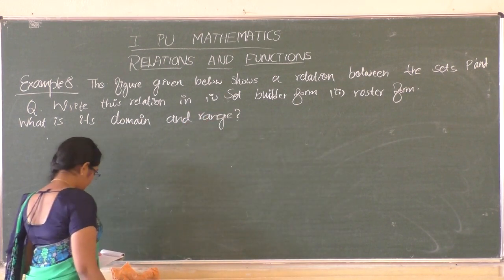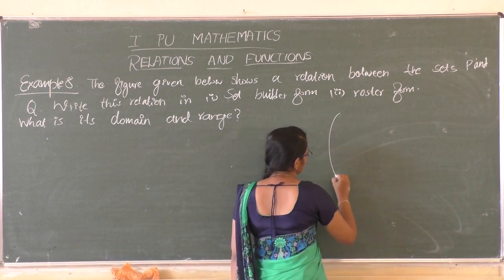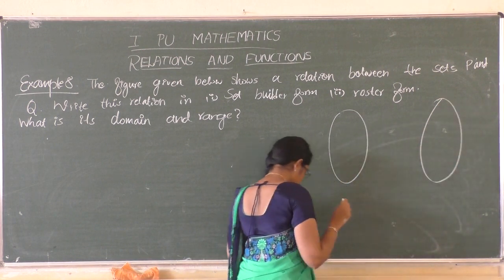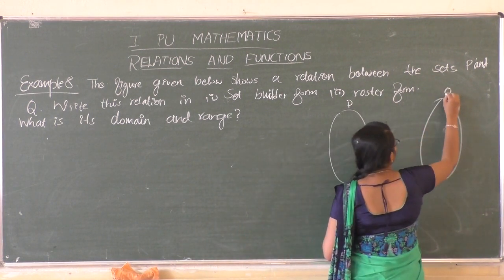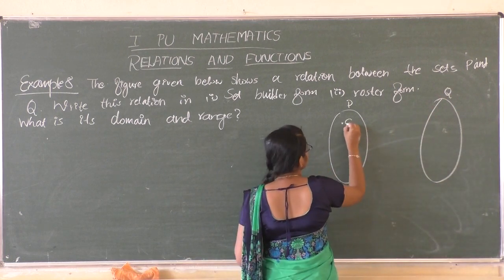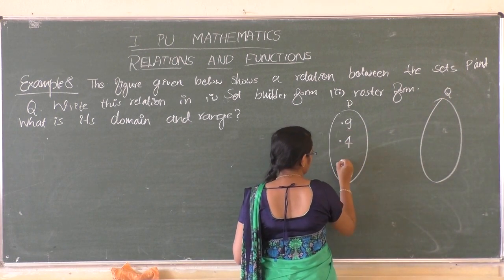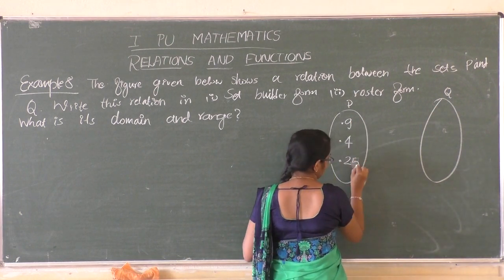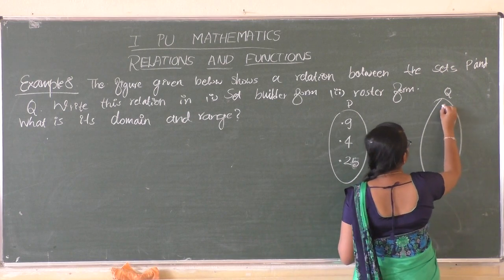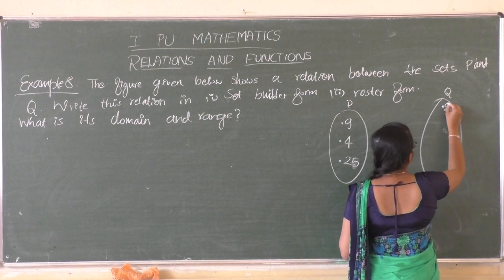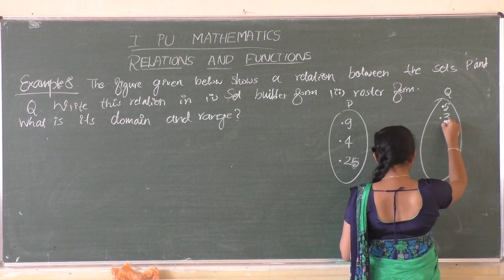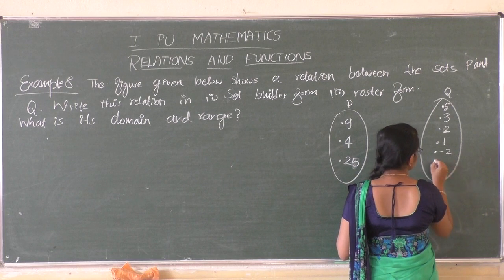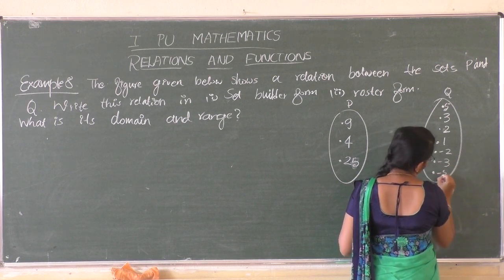Okay, fine. The diagram is two sets P and Q. Here 9, 4, 25. Then this has 5, 3, 2, 1, minus 2, minus 3 and minus 5.